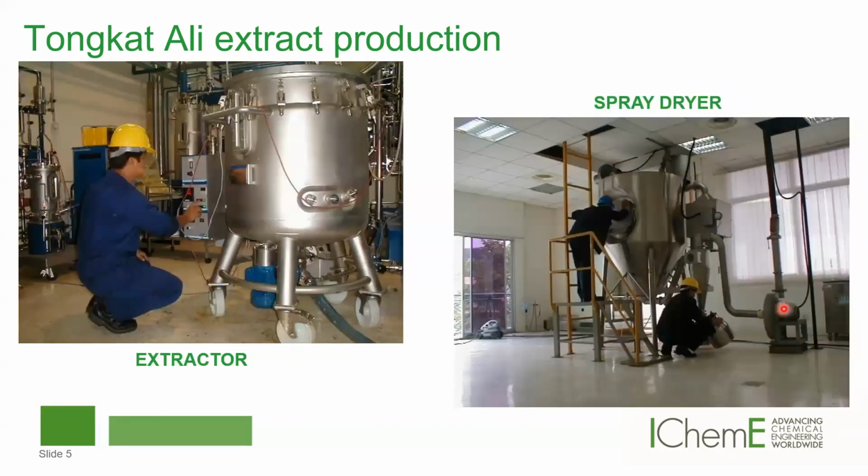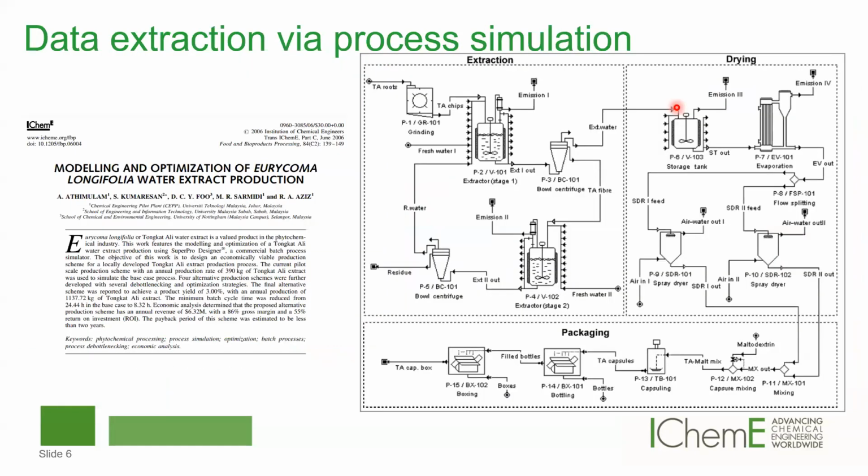This shows the equipment that produces Tongkat Ali. On the left is the extractor, and on the right is the spray dryer. The detail of the operation is described in this paper, a process simulation of the operation of Tongkat Ali water extract production.